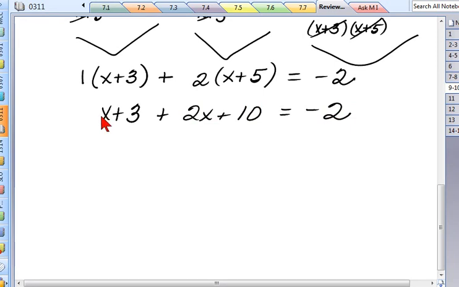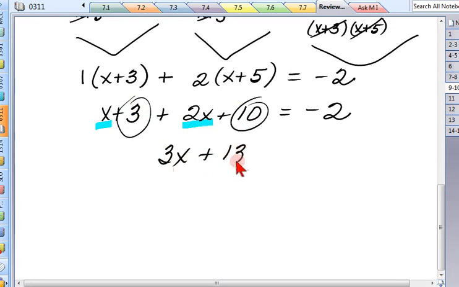I have like terms. I have an x and a 2x, which combine together to be 3x. I have a 2 and a 10, which combine together to be 13, and that's equal to negative 2.